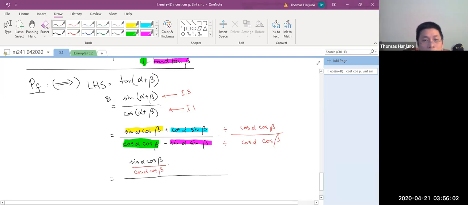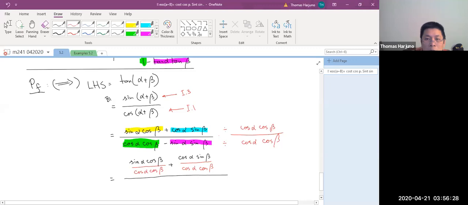And then plus cosine alpha sine beta on the top right, divided by cosine alpha cosine beta. You see what I mean? I apply this division by cosine alpha cosine beta to every term.